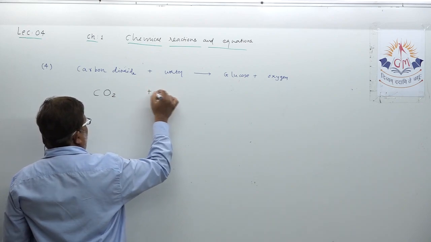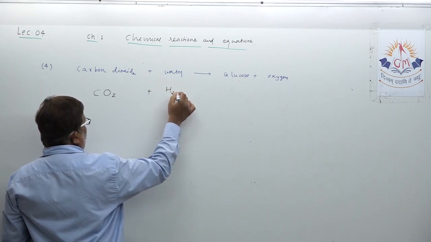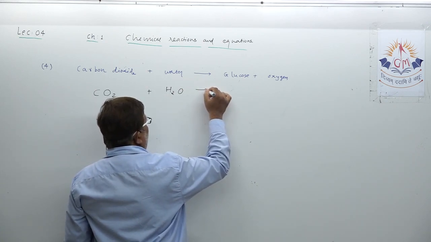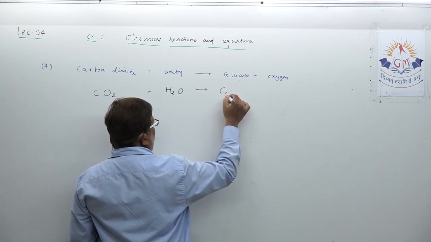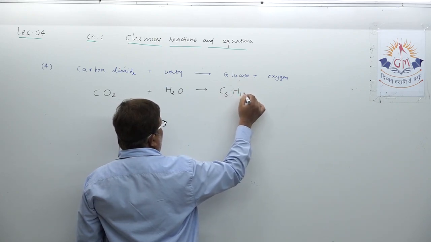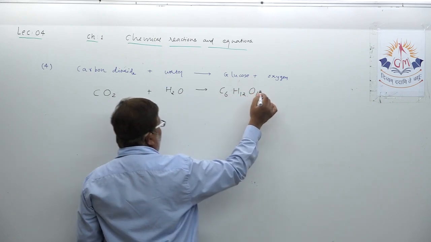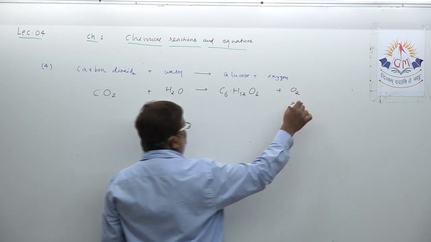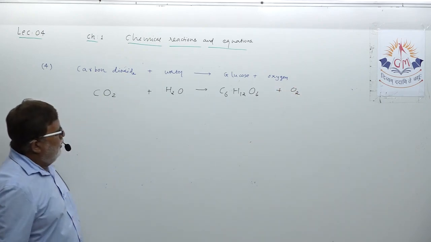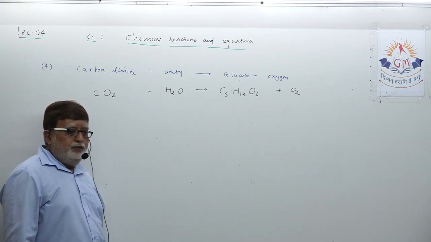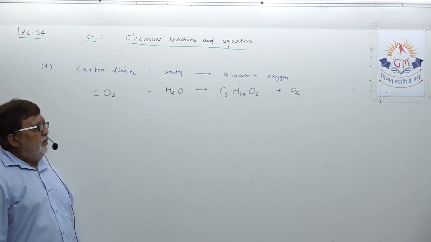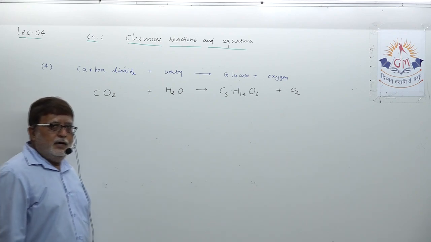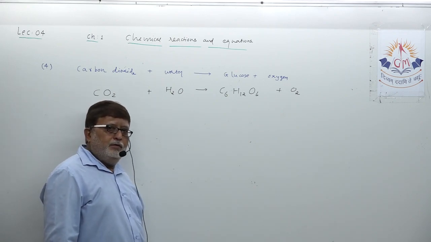You must be knowing the formula of water, H2O. You must be knowing the formula of glucose. If you don't know, remember, C6H12O6. You must be remembering the formula of oxygen, O2. Okay. First, before balancing, you need to write the correct skeletal chemical equation.